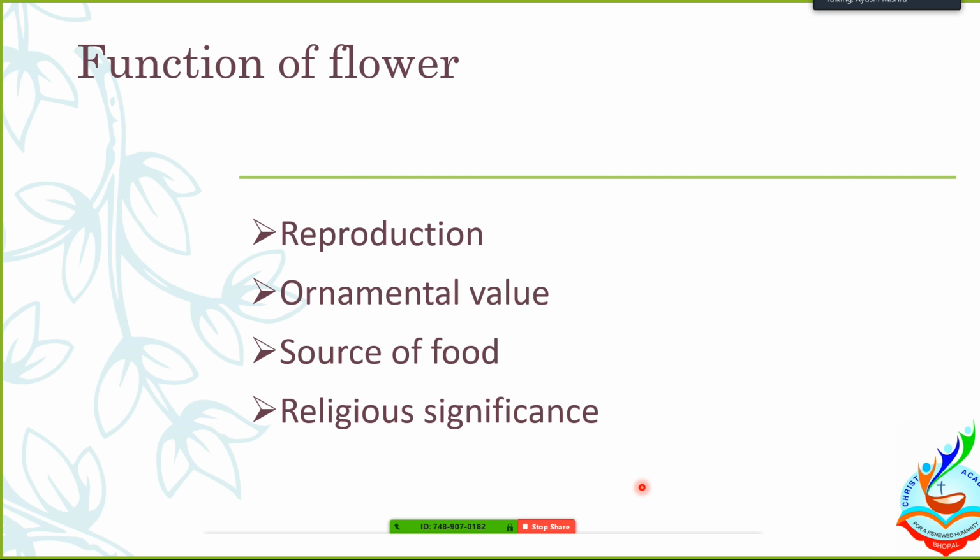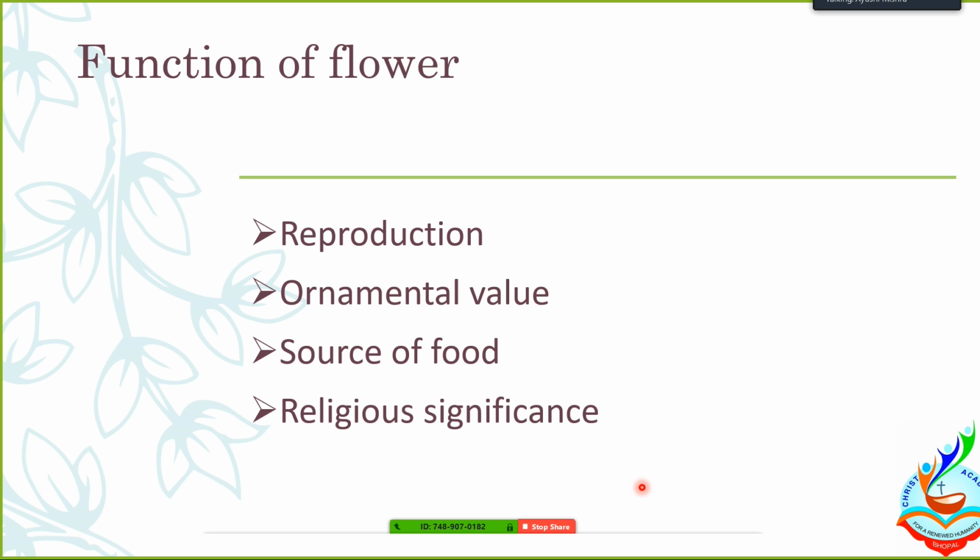Now we are going to discuss the functions of the flower. There are four main basic functions of the flower. First one is reproduction. They help in reproduction and produce male and female gametes. Second, they are used for decoration in different places.